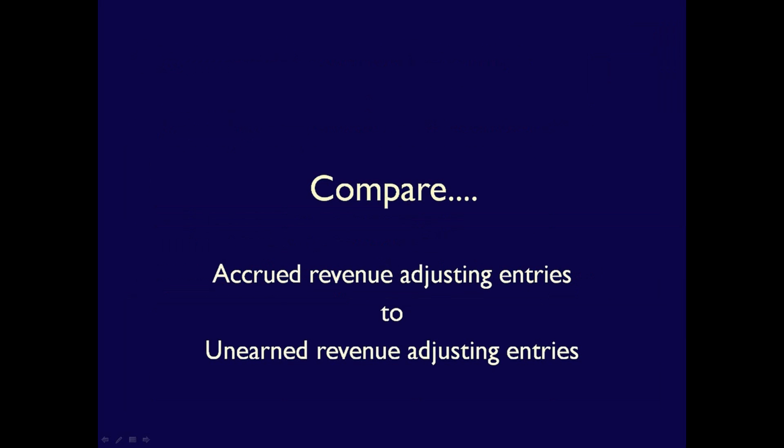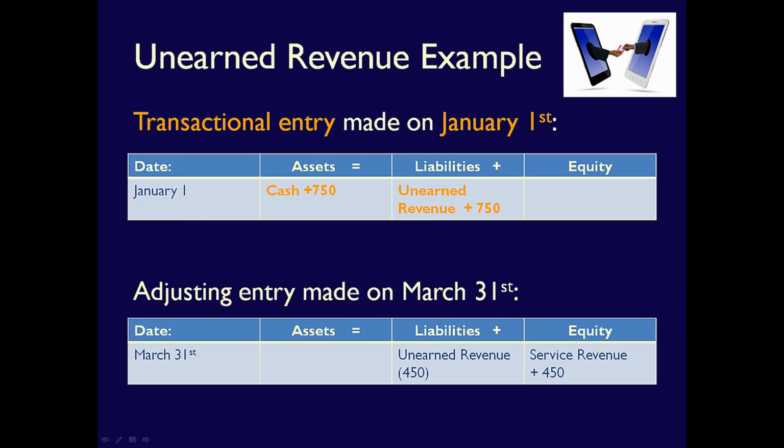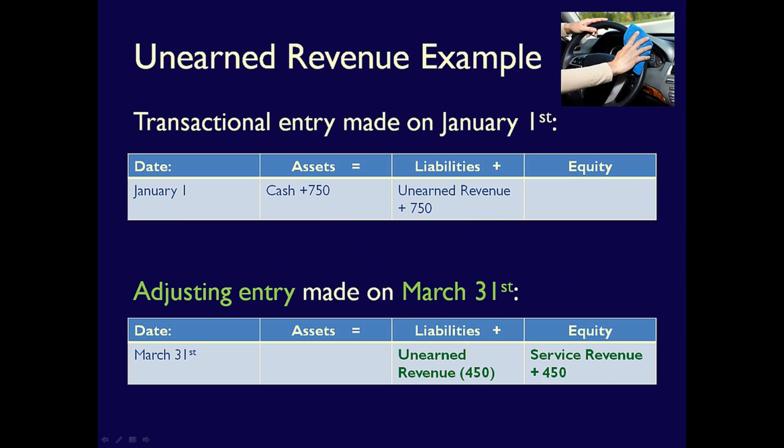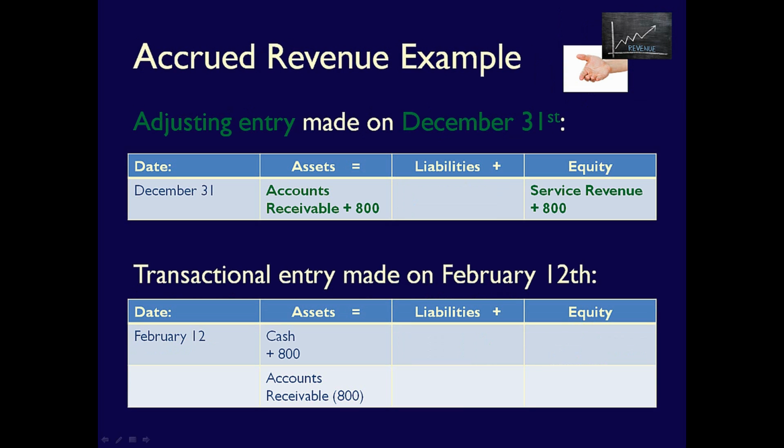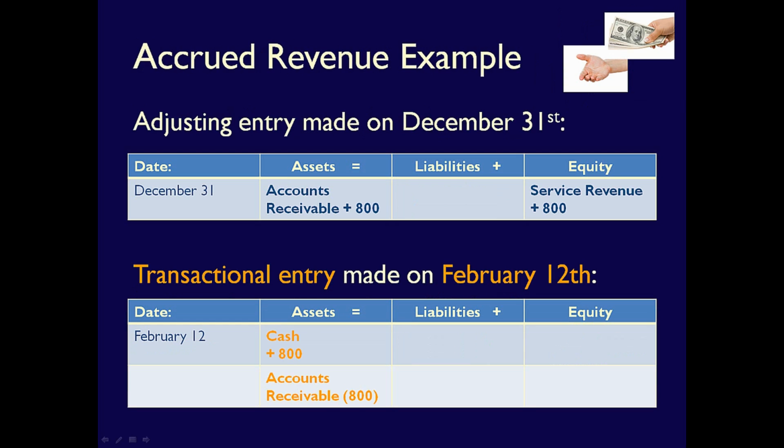Let's compare unearned revenue adjusting entries to accrued revenue adjusting entries so we can see the similarities and differences. Unearned revenue starts as a liability with a transactional entry sometime during the year, and follows with an adjusting entry at the period or year end to recognize the revenue has been earned and the liability has disappeared. Accrued revenue starts as a revenue and asset using an adjusting entry, and in the following year uses a transactional entry to recognize cash received.